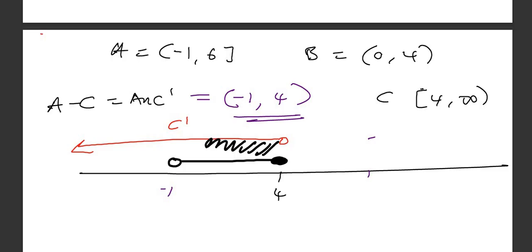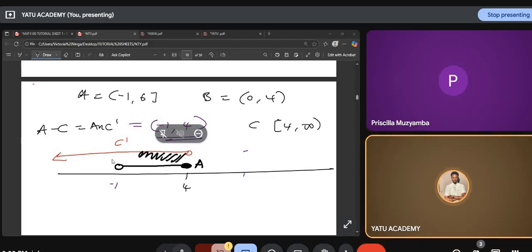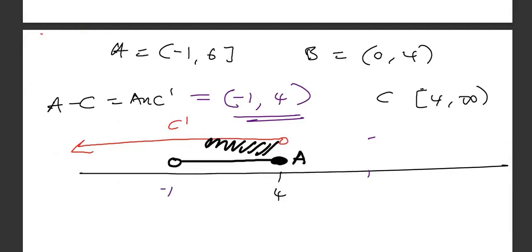The meaning still stands: intersection is what is common between these two. And 4 is included in A, in this case, but is not included in C complement, so it will still be open, because we're looking for what's common between A and C complement. So it would have been still open this side.